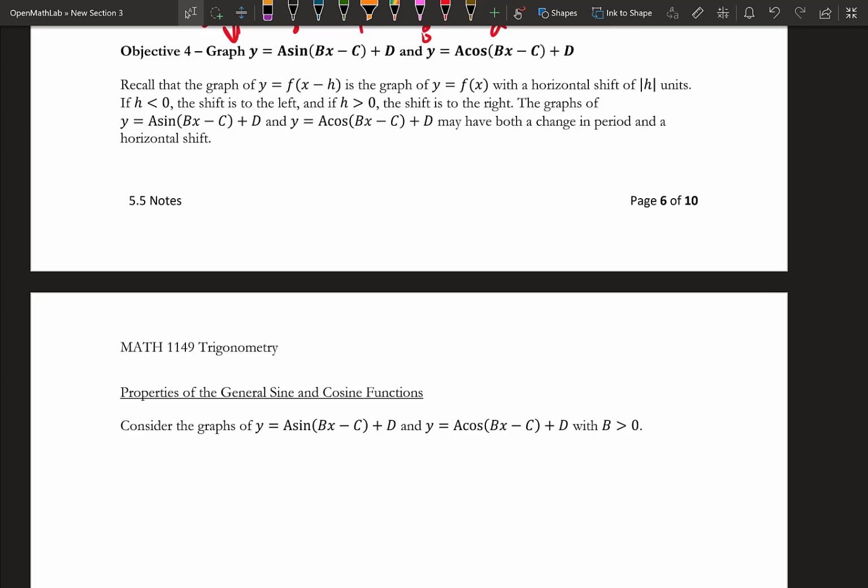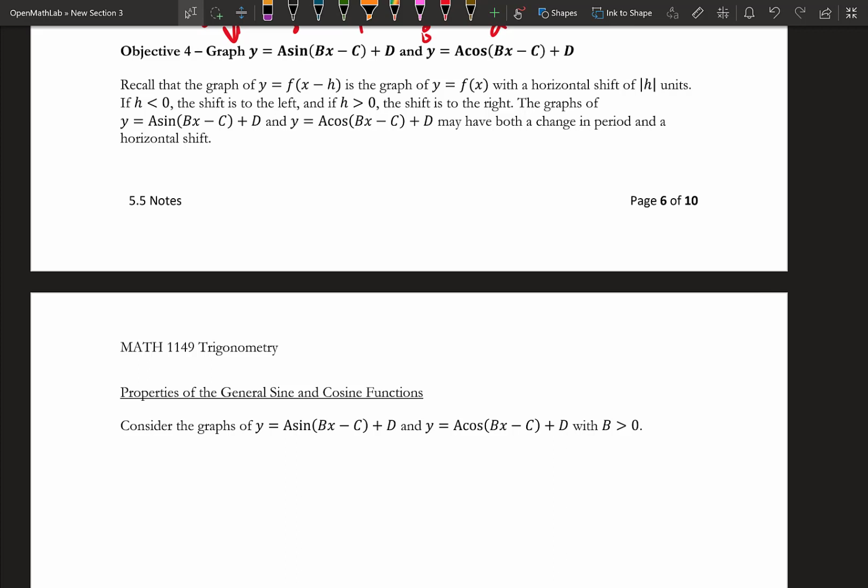So these graphs may have both a change in period and a horizontal shift. And note that the plus d at the end is going to be a vertical shift up or down potentially. So we're just adding in these possible shifts to the graph.